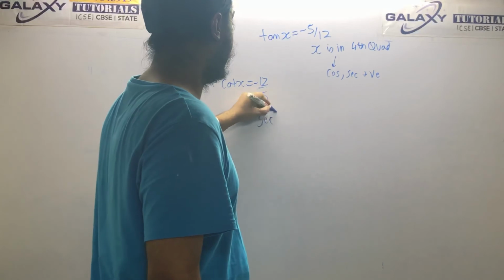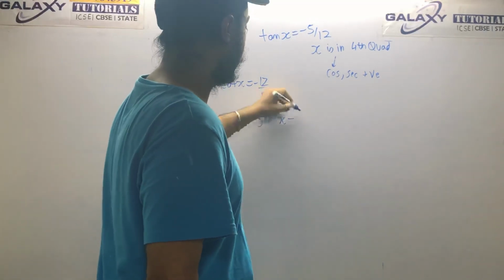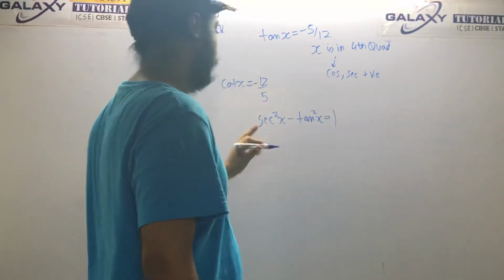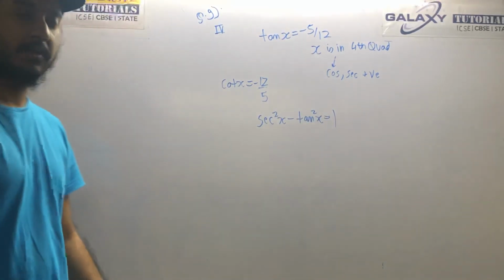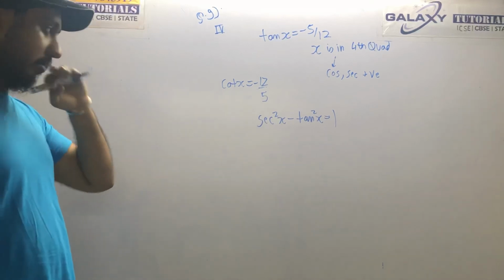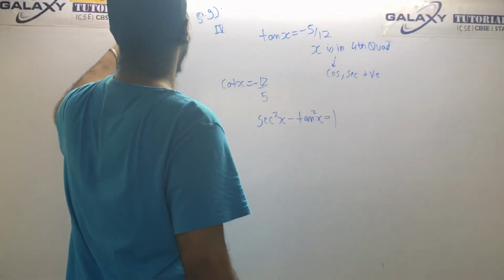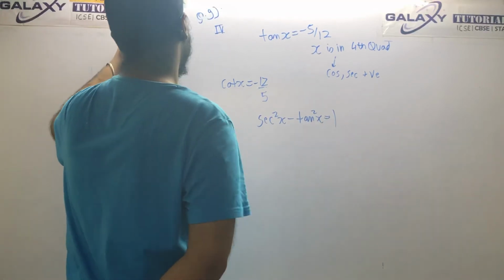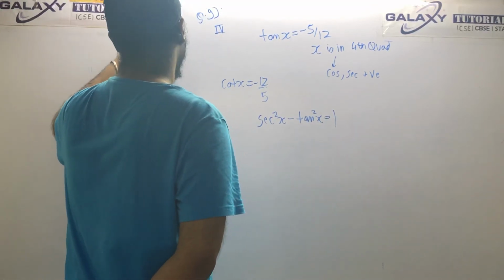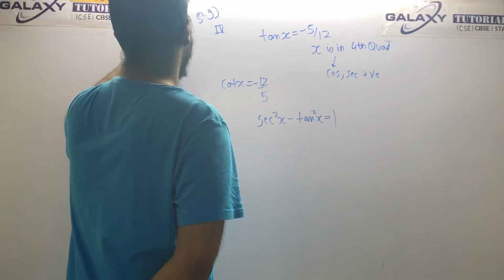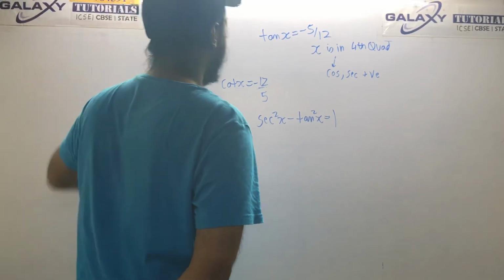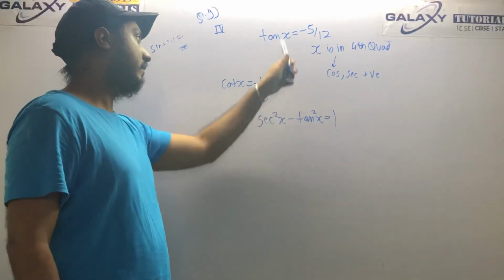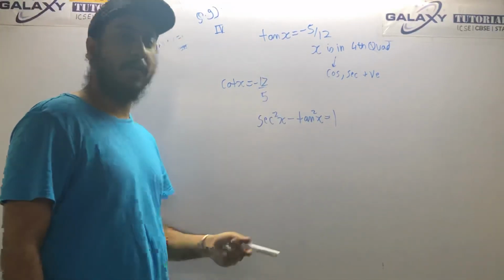You know this identity? I hope you all remember this. What I was talking about was, you know the value of tan, minus 5 by 12, you can find out the value of sec.